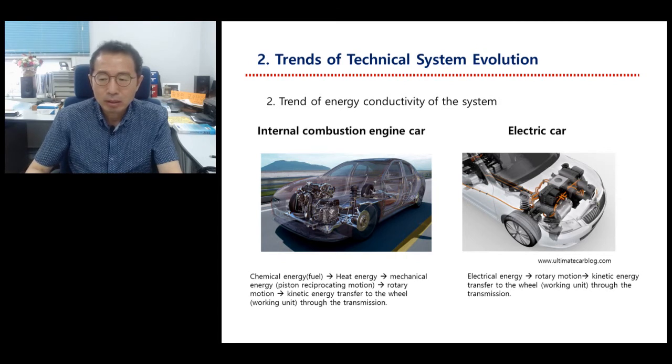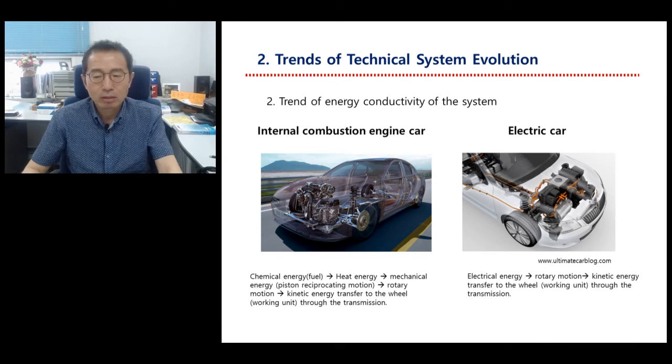Mechanical reciprocating motion energy is changed to rotary motion energy using a crank and transmits rotational energy to the wheels through the transmission. Many losses occur during several energy conversion processes, making them less efficient.